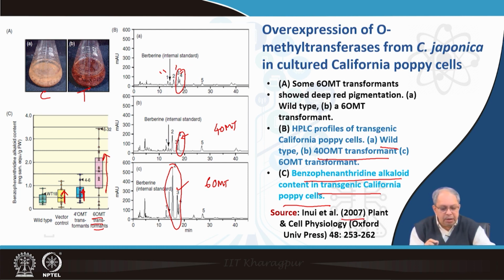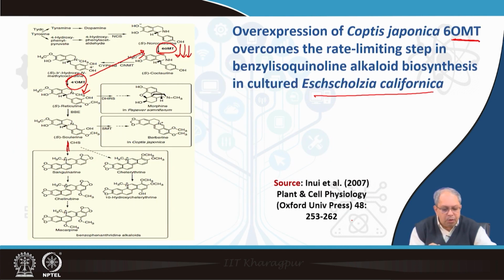So, with this basically I will conclude that the benzophenanthridine alkaloids can be enhanced in the cell culture of Eschscholzia californica by putting in the Coptis 6-OMT gene. Putting in a Coptis gene is a heterologous source, so there are fewer chances of gene silencing, and what we saw is that it worked very well, and ultimately it produces more of these alkaloids.